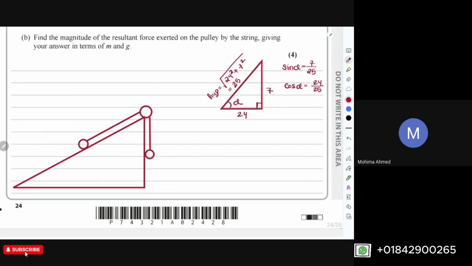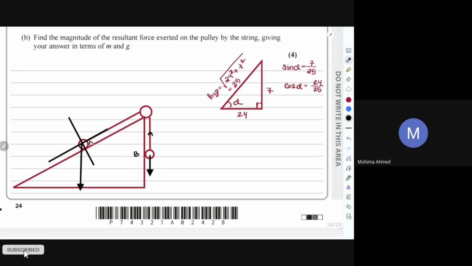Now, this is the vertical, then horizontal. This is the point where weight is acting vertically downward. This is the weight of particle B, and your tension is obviously above particle B, right? This is for B and this is for A.